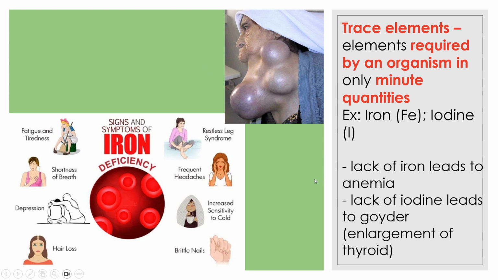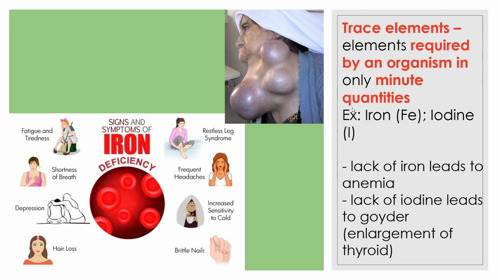Those remaining 21 elements we need in very small amounts, minute quantities. These are our trace elements, right? Because we've got the CHON making up 96% of living matter. Of the 25, the remaining 21, 25 minus 4, we need in very small amounts. These are your iron, your iodine. These are goiters.